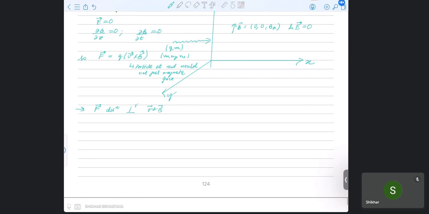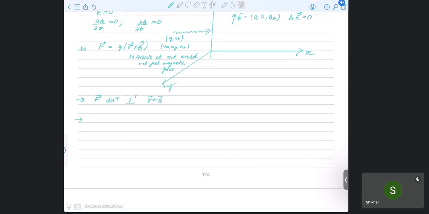And what would be the work done in this case? Let's derive the work done. We take Newton's second law, m dv by dt is equal to q v cross B. Taking a dot product with v on both sides, we get q (v cross B) dot v. What is this? Now v cross B is perpendicular to v, and the dot product of v with something perpendicular to v means cos of 90, which is 0.